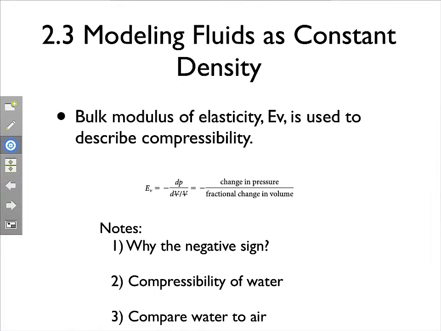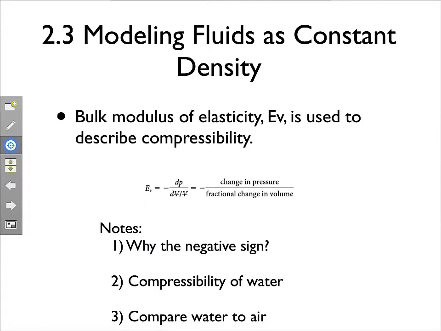Why physically would they define this such that it's negative? The reason is because when you take a fluid and you apply a pressure to it, the volume decreases. So for an increase in pressure, you get a decrease in volume. And so they add a minus sign there so that the bulk modulus is a positive value.